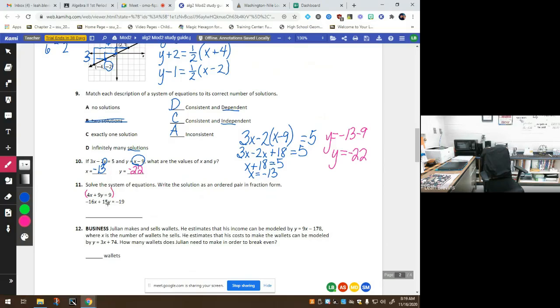But what I would do is multiply this top one by 4 because that's going to give me a positive 16. 4 times 9 is a positive 36. And 4 times 9 again is a positive 36. So the x's eliminate.